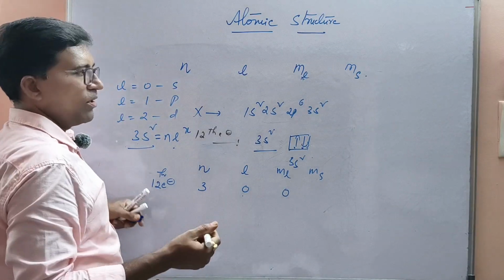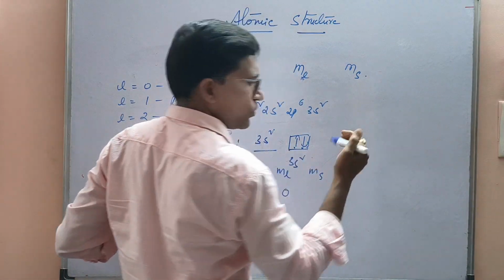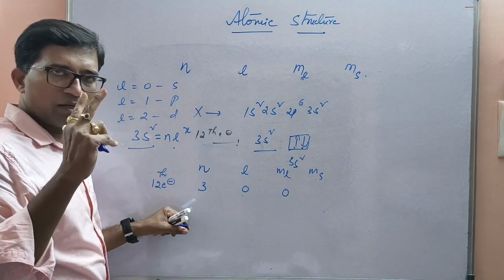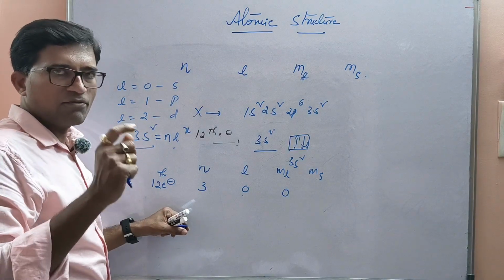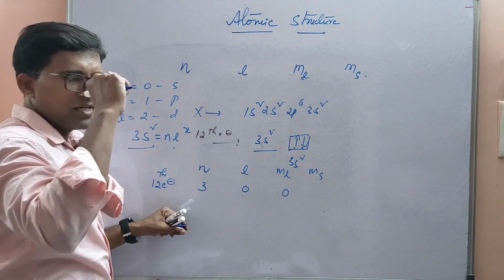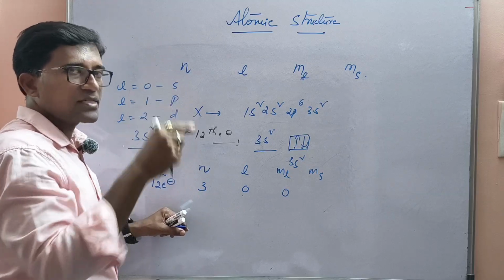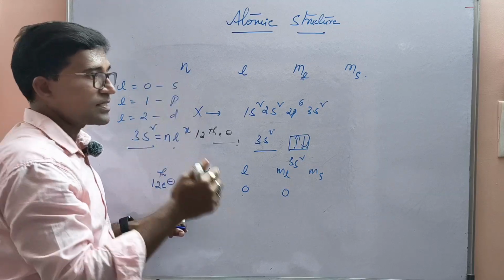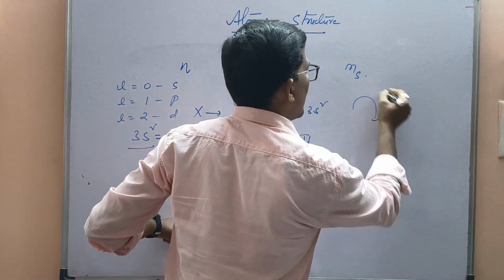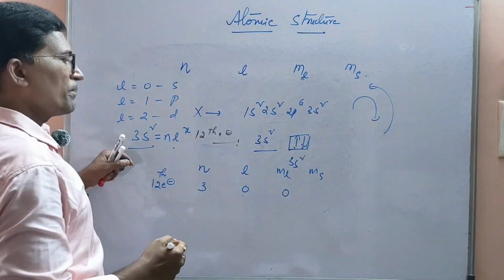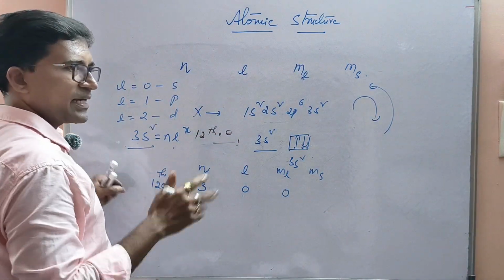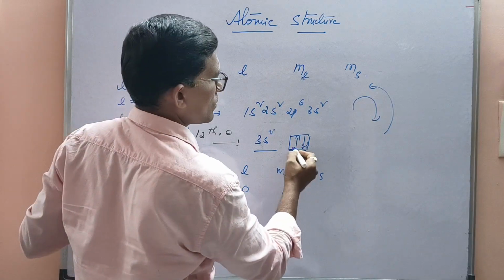And MS. According to the spin quantum number, two spins are possible for a given pair of electrons. One electron spins in a clockwise direction, one spins in an anti-clockwise direction. In the s orbital we have a maximum of 2 electrons.